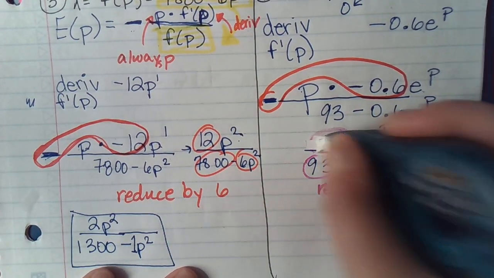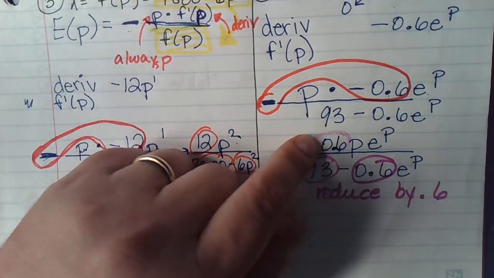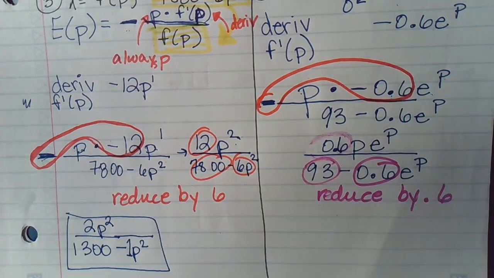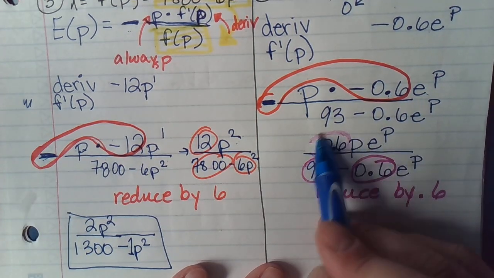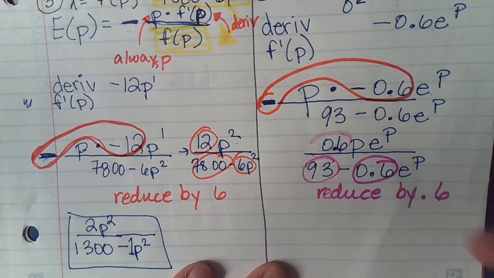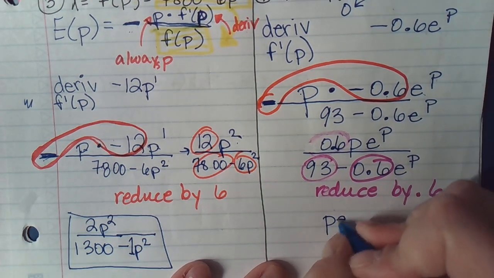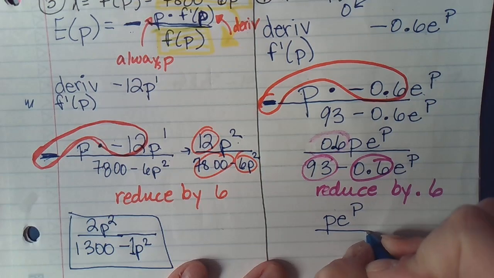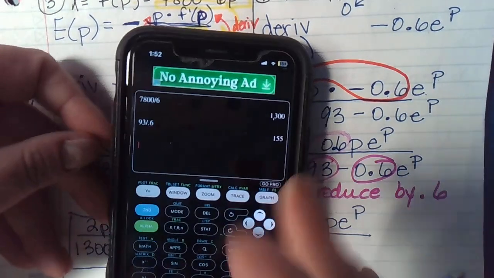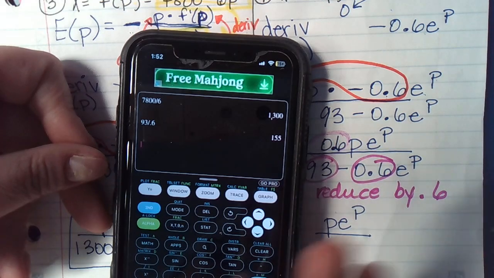Let me erase that. Okay, there we go. Back to normal. So you can divide all these by 0.6. On the top, when you divide 0.6 by 0.6, those cancel, and you just get pep. On the bottom, 93 divided by 0.6 is 155.